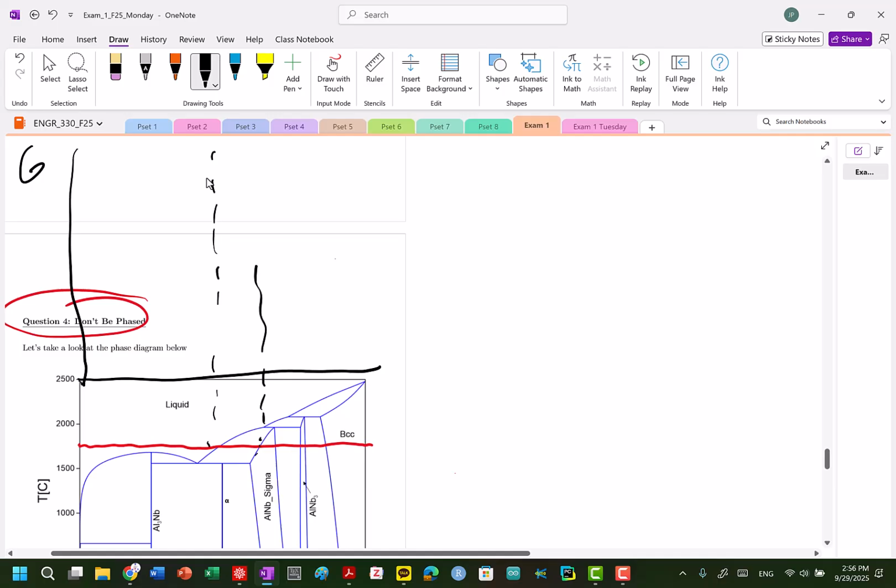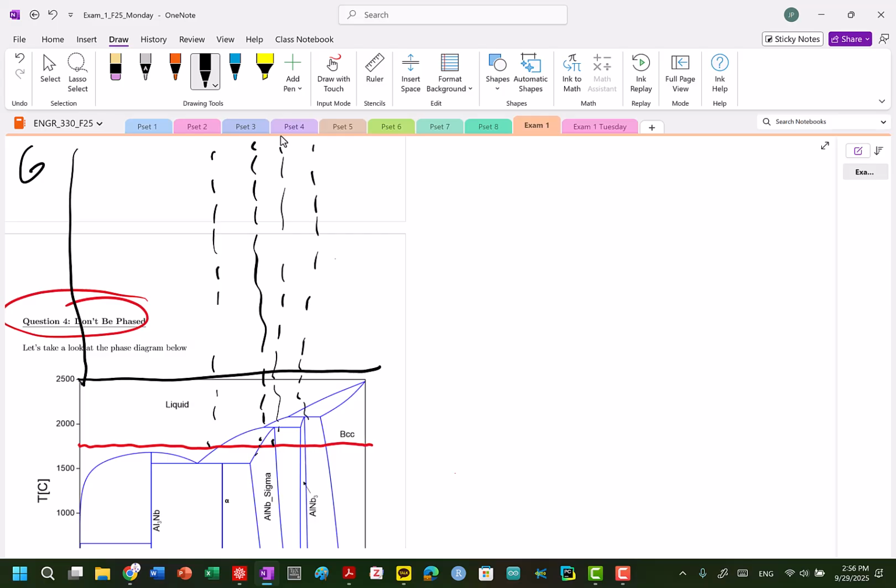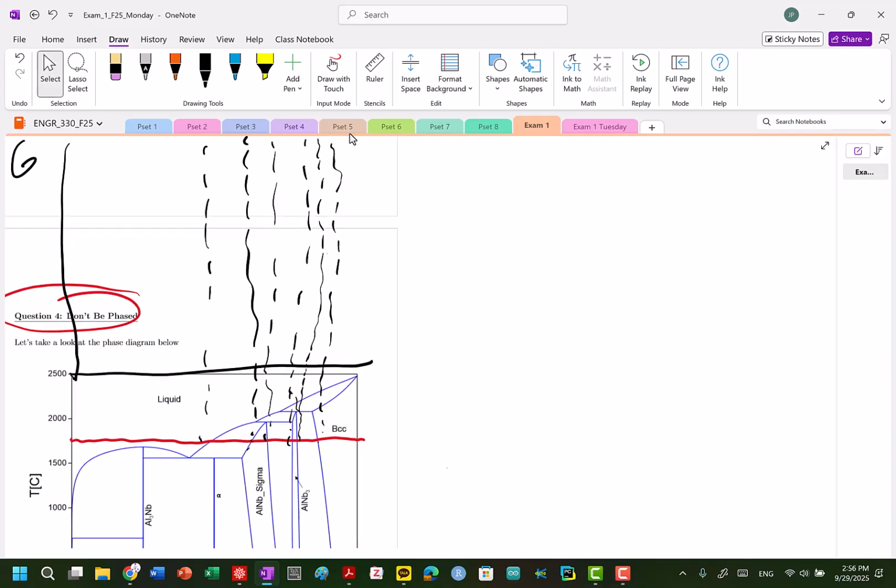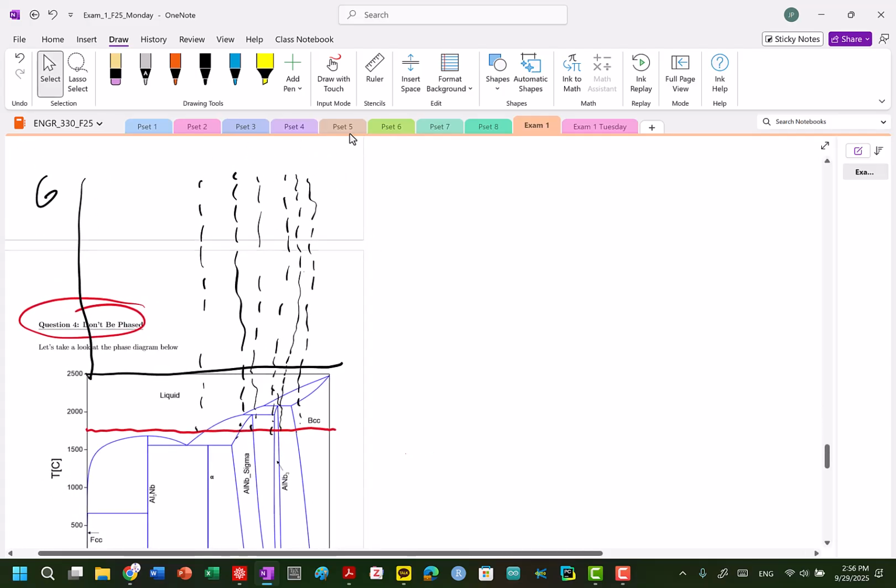This is a little bit tricky here. Ooh, a little region. It's okay. All right, so what I'm going to do is, obviously liquid is liquid.